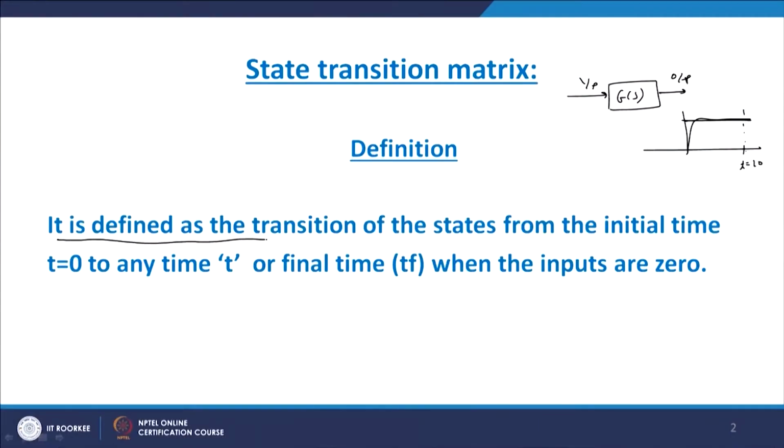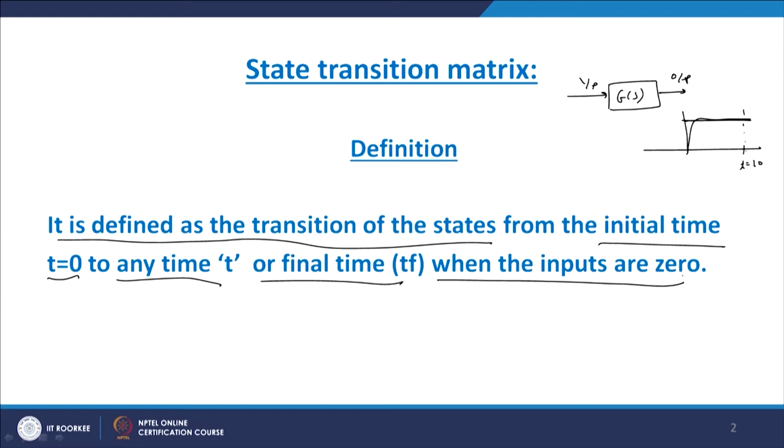This transferring of the states we can call the state transition matrix. Now, how will you define the state transition matrix? It is defined as the transition of states from initial time t naught to any time t or final time t f when the inputs are 0.